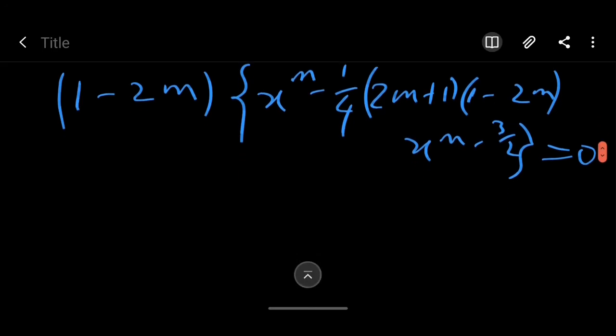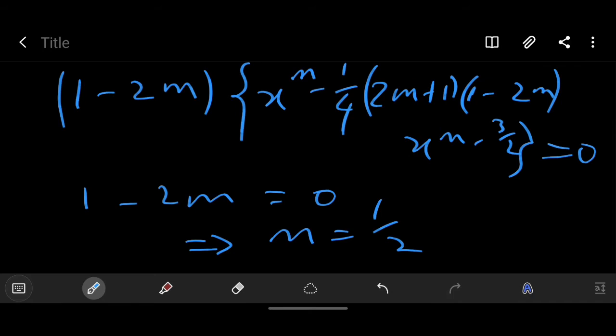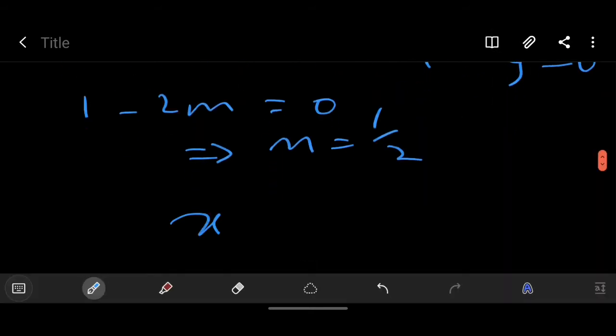So 1 plus 2m, 1 minus 2m is 0, which implies m has to be 1 by 2. So our integrating factor, the thing that we multiplied by, becomes x power 1 by 2, which is the same as root of x.